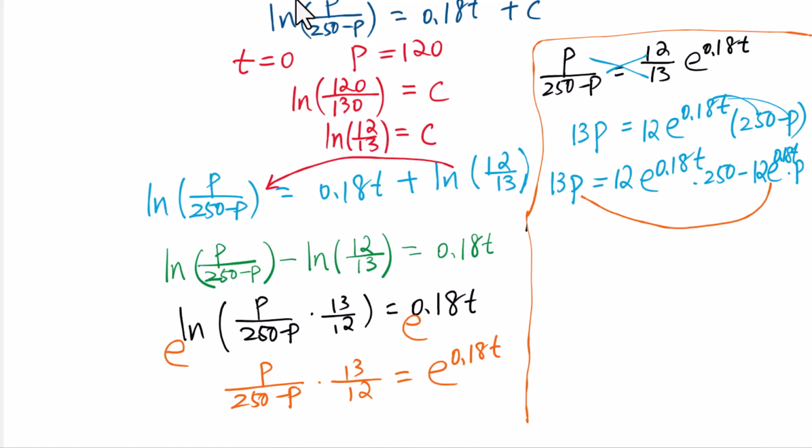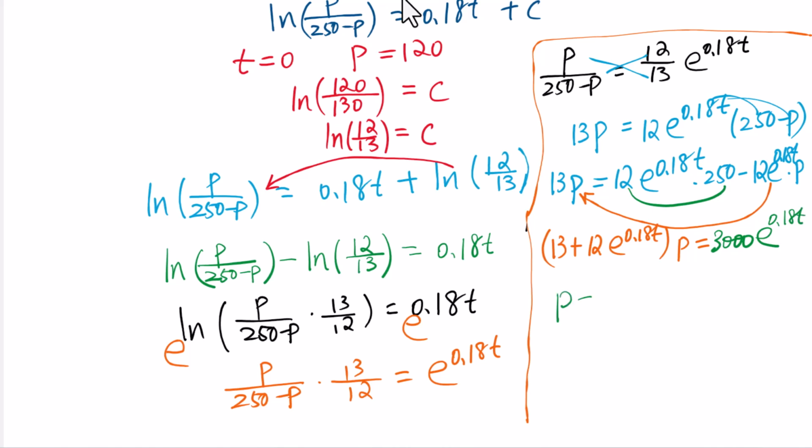Put all P on one side. We got (13 plus 12 times e to the power of 0.18t) times P equals 12 times 250, which is 3000, e to the power of 0.18t.